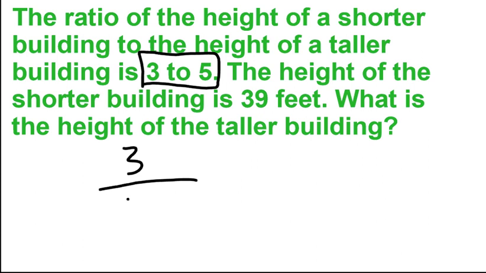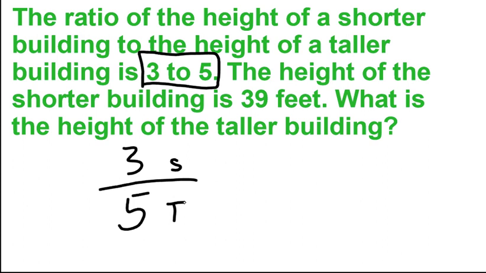So I've got 3 to 5. Which one's the shorter building? Yeah, the lower number, right? Shorter would be lower. So this is our short building. This is our tall building.